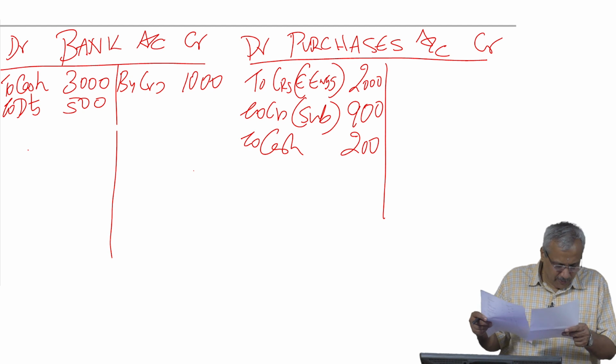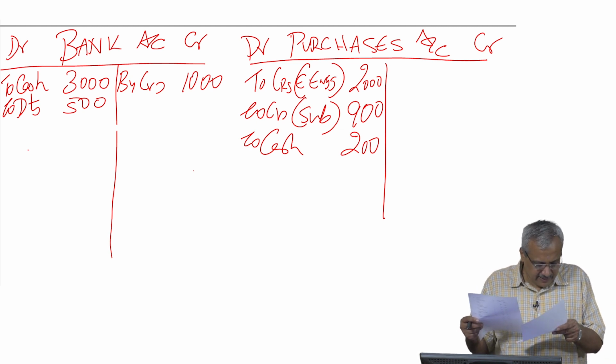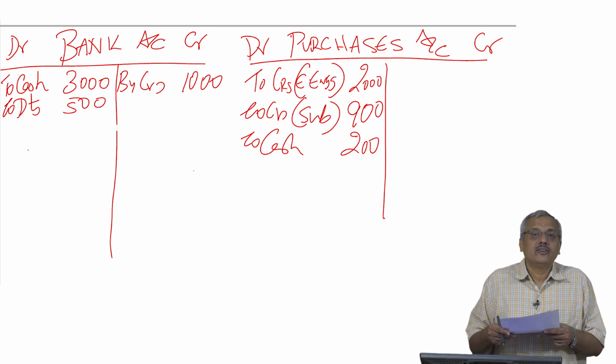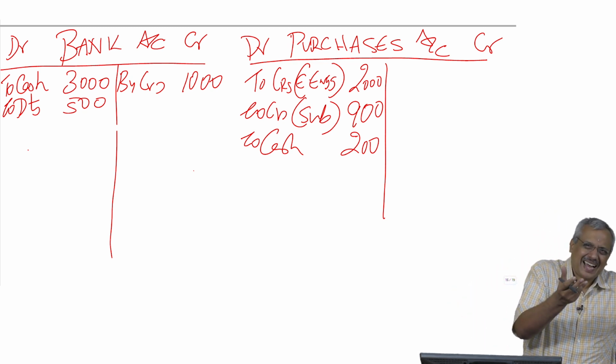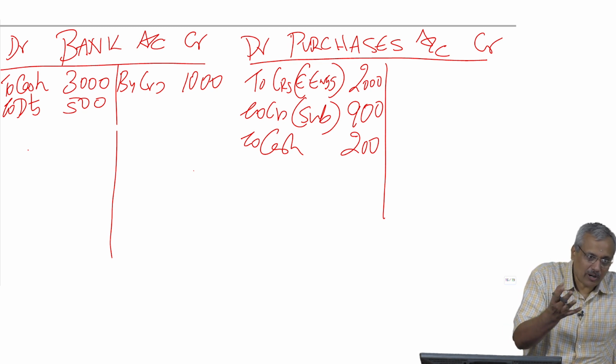We come to the 19th journal entry. The 19th entry says withdrew from bank for office use, rupees 1000. When you withdraw from bank for office use, what happens? Cash comes in, so cash account is debited. Debit what comes in, credit what goes out.